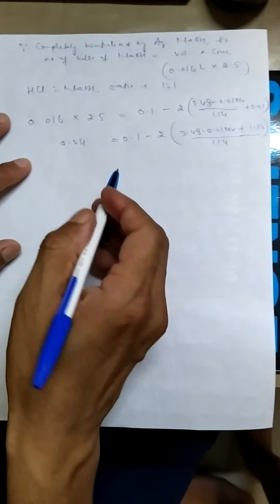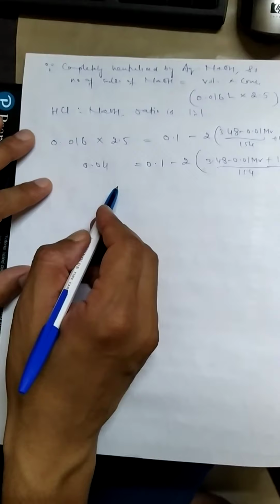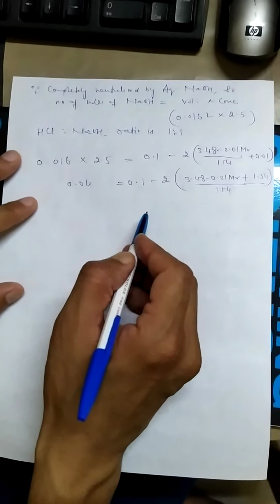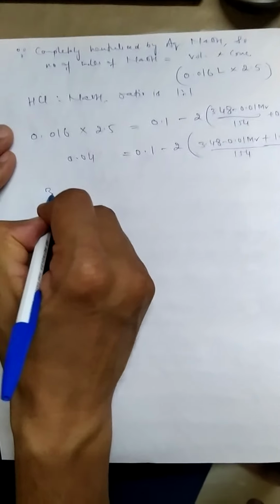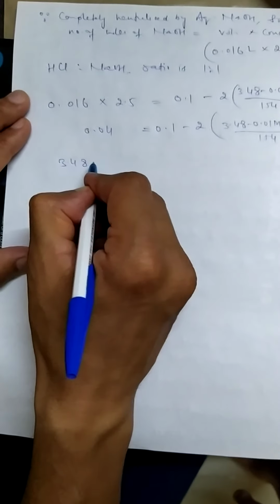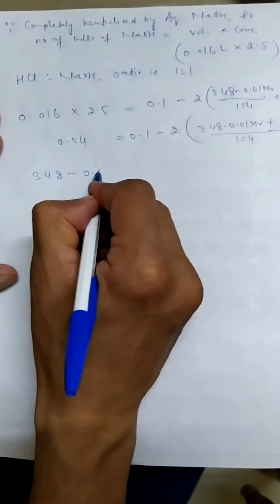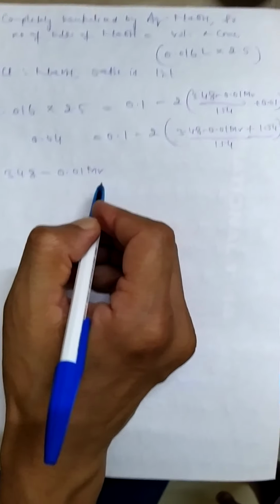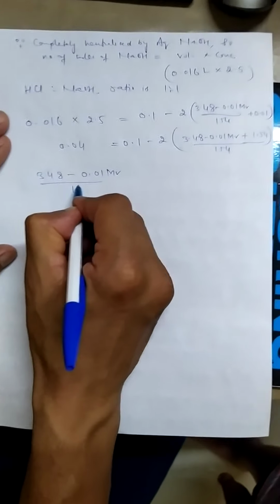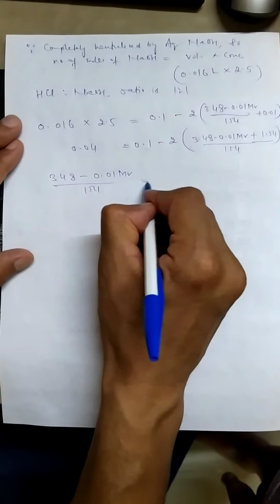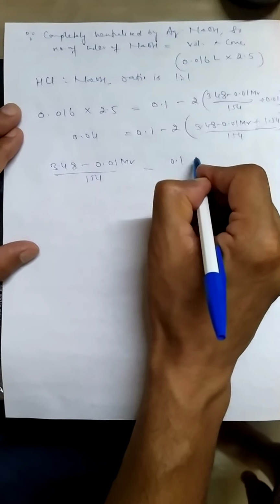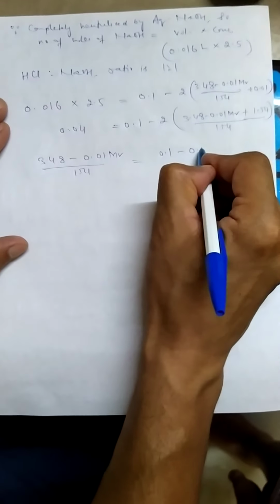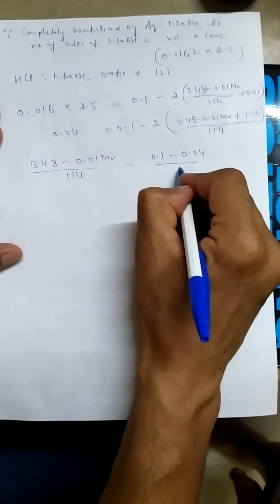Then finally, if we just take it across, we can solve it to get 3.48 minus 0.01 Mr upon 154, all this becomes equal to 0.1 minus 0.04 divided by 2.